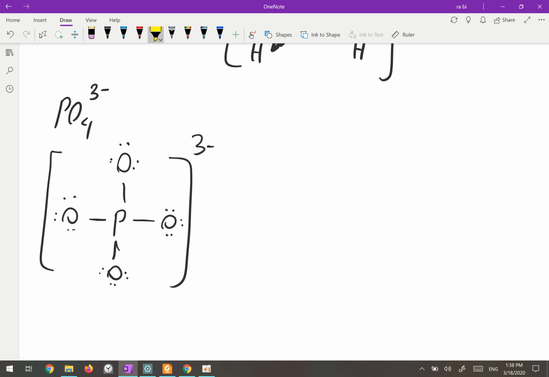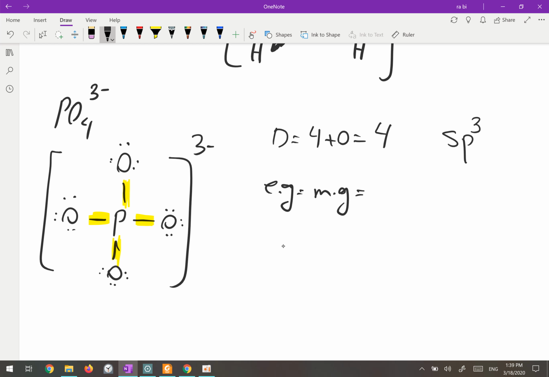Okay, so how many domains do we have around the central atom? One domain is here, 2, 3, 4. You have 4 bonds, no lone pair, so the domain is 4. Hybridization would be sp3. Electronic geometry is the same as molecular geometry. It's tetrahedral.